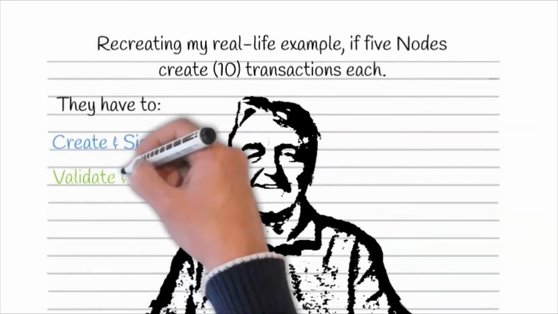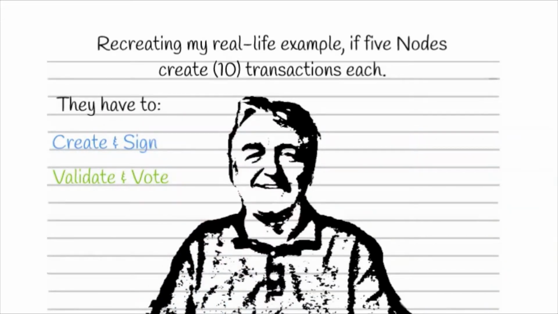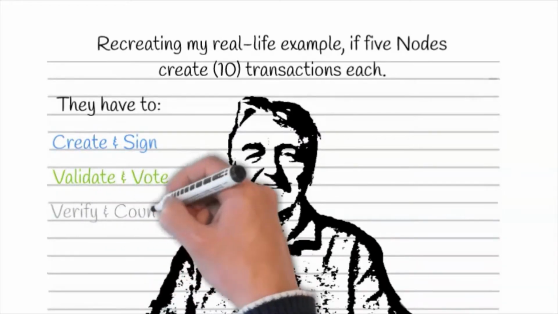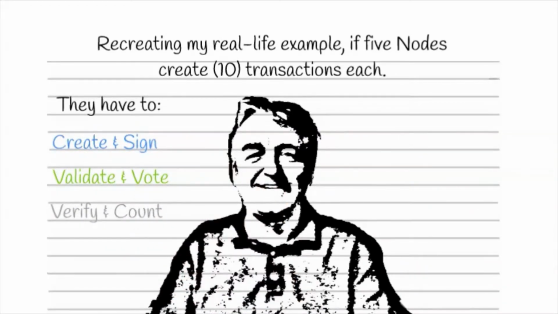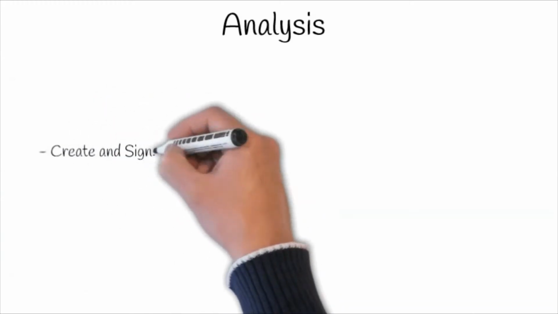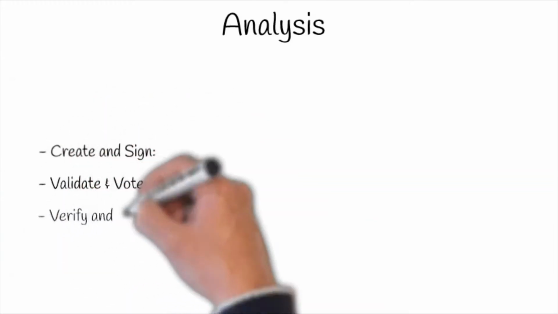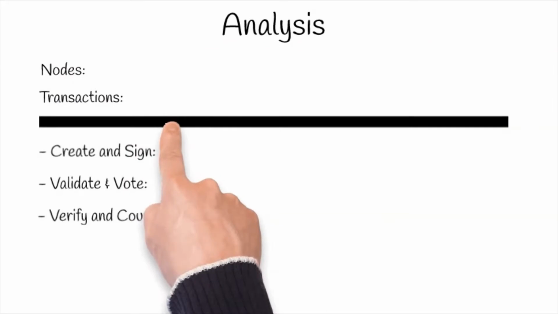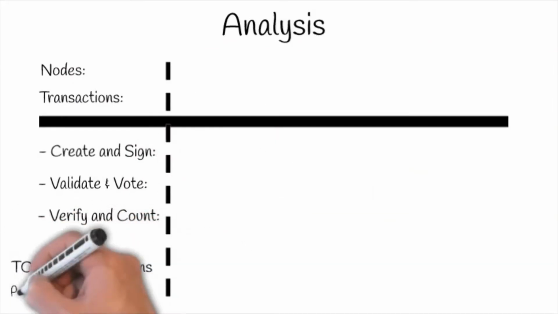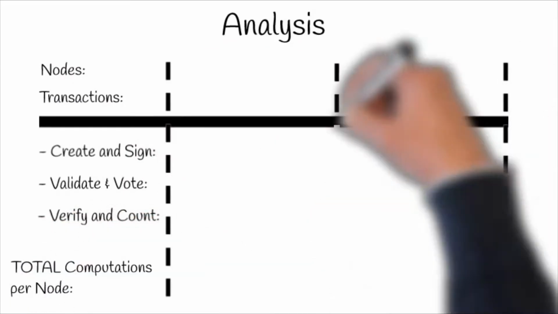They then have to validate and vote on the other nodes' transactions. And lastly, verify and count all the votes from all the other nodes. With these activities, let's consider the number of nodes, the number of transactions, and then the total computations per node.